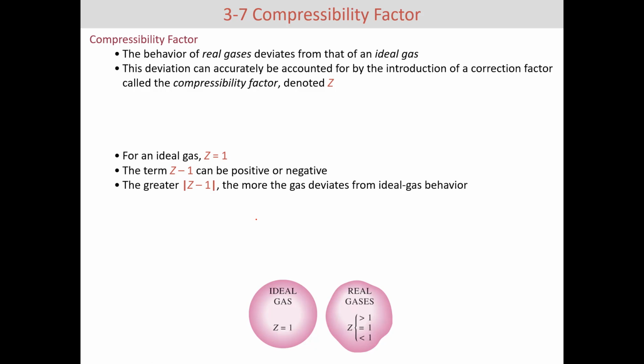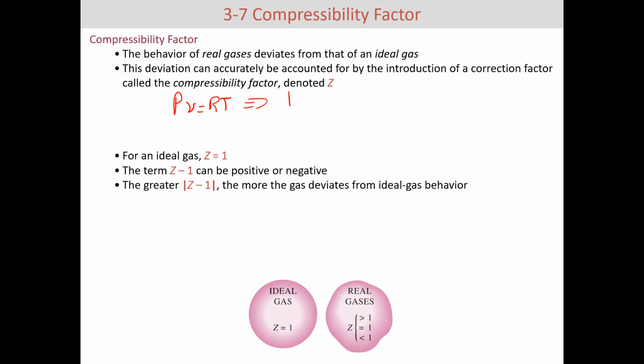All right, let's look at compressibility. What is a compressibility factor? The behavior of real gases can deviate at times from that of an ideal gas. This deviation can accurately be accounted for by the introduction of a correlation factor called the compressibility factor. So let's look. Here's the ideal gas law written in specific terms: P nu equals RT.